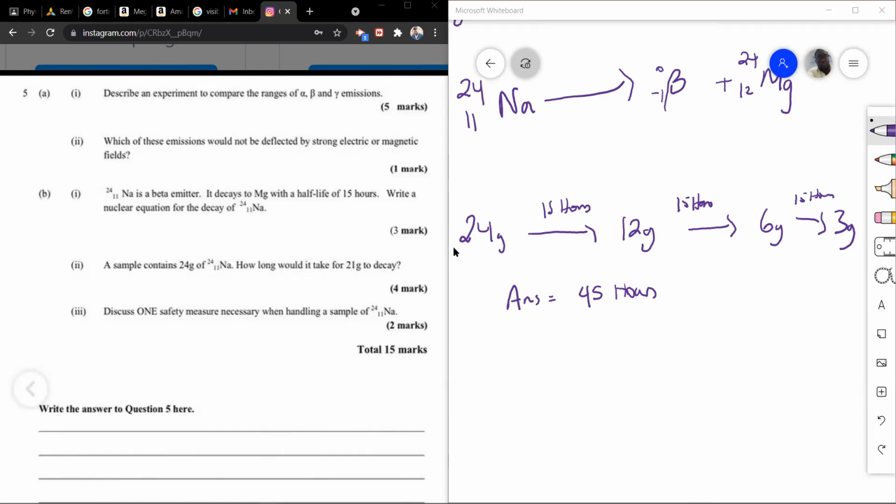You have 24 and then 12 and then 6. So I thought you would have started with 21. No, I can't start with what I have left or what has decayed. Yeah, but how long would it take for 21 grams? Okay. Yeah.